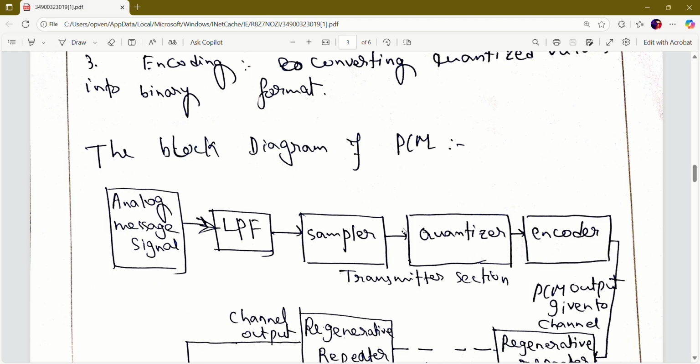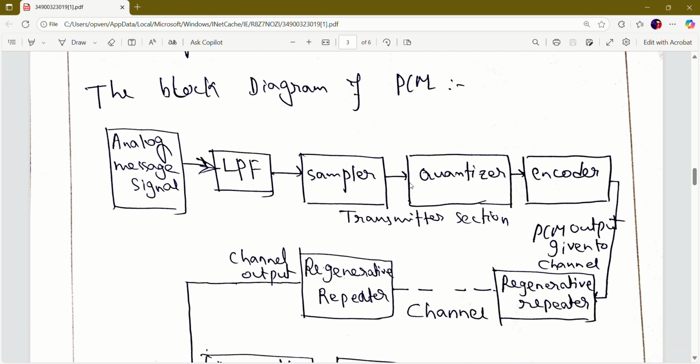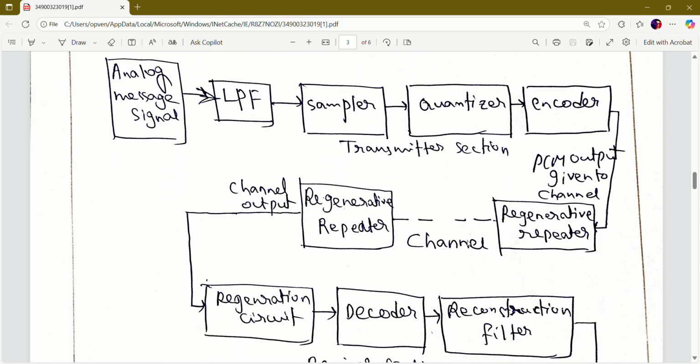Then the quantizer approximates the samples to the nearest level. Next, the encoder converts these quantized values into binary code. Then we can see the binary output of an analog message signal.